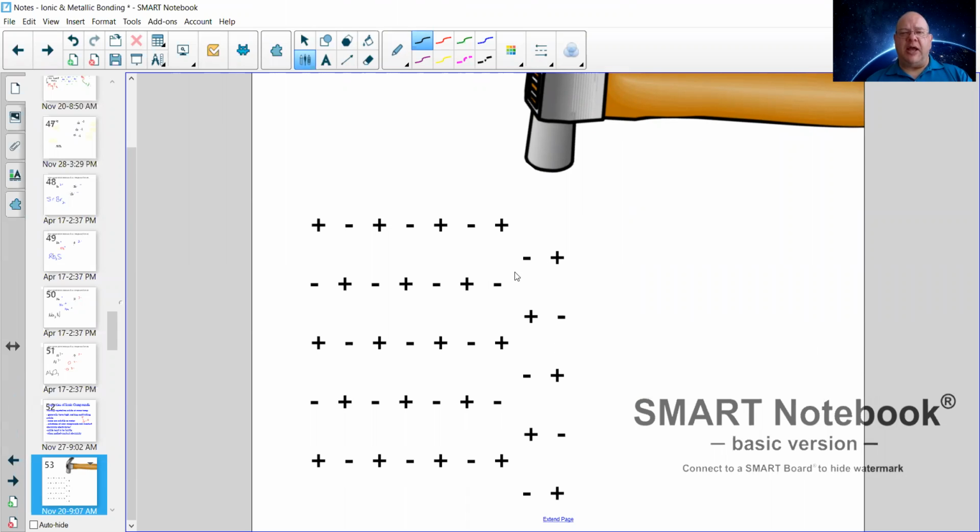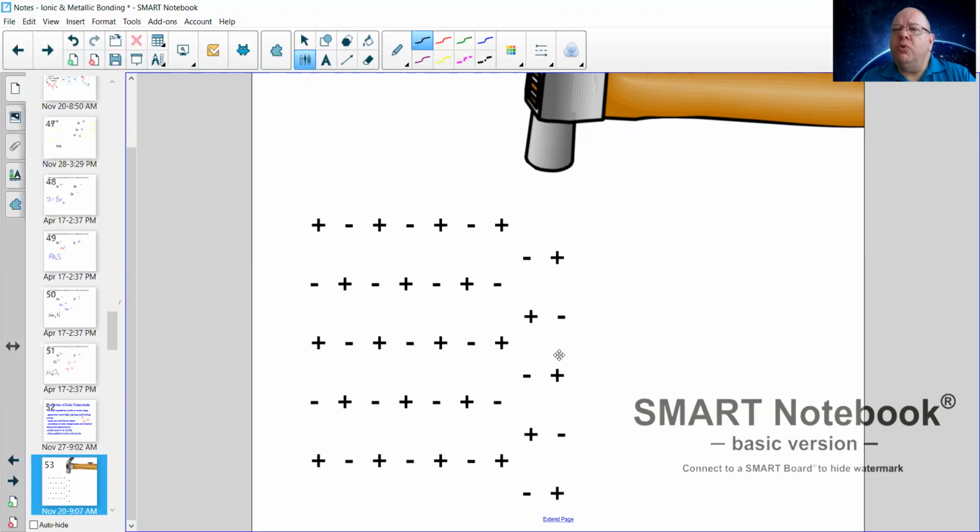Notice what happened here: when I moved them out of place, these negatives started getting closer together than they would like to be. And these positives got closer together. And these negatives got closer together. These positives got closer together. In the ionic crystal lattice, you can imagine that the ions are in their best possible positions to maximize attractions and minimize repulsions.